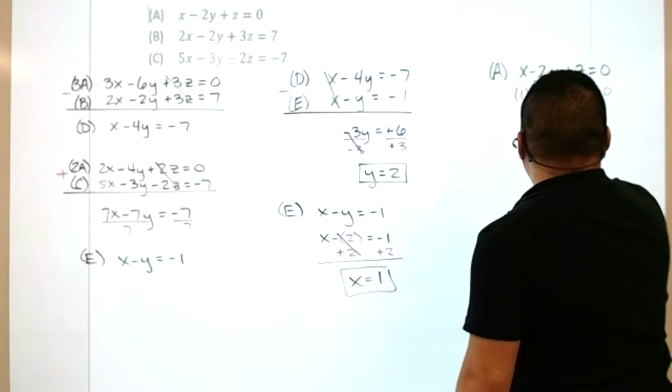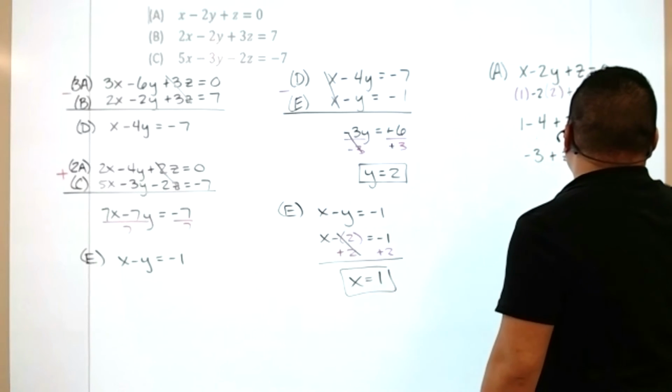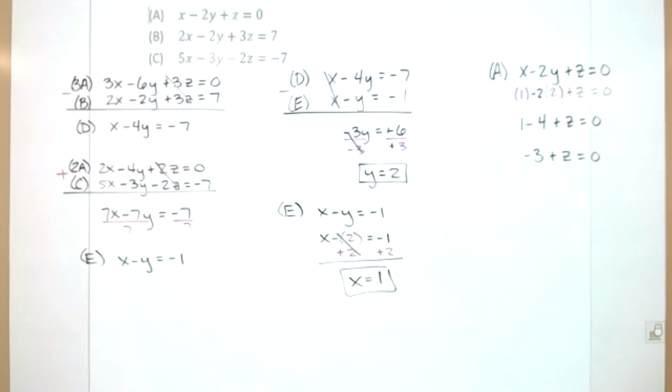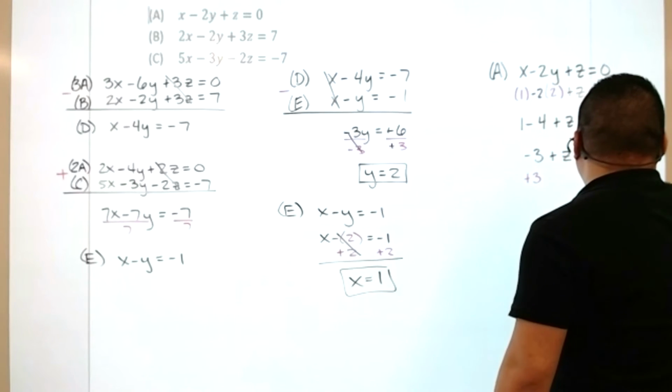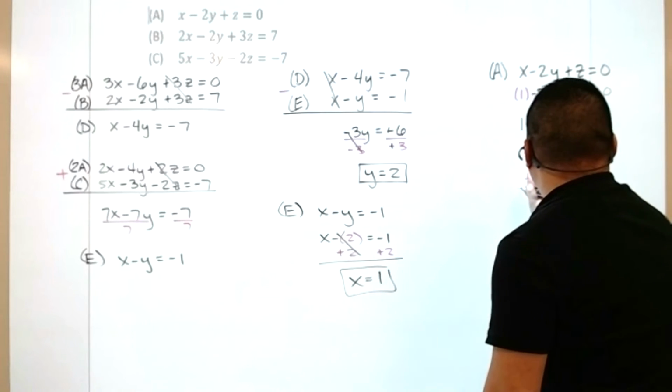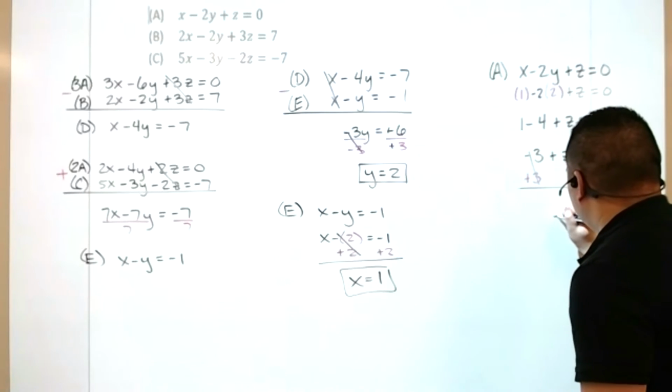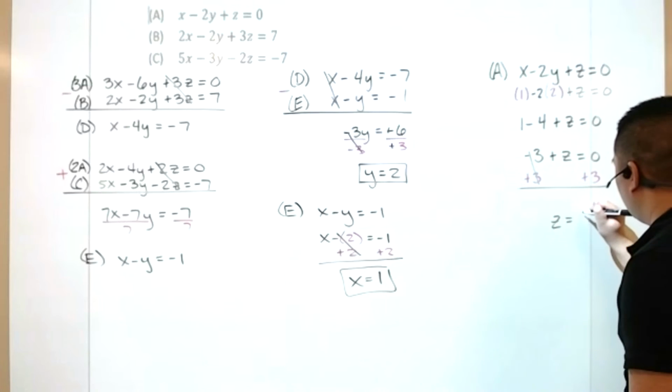Negative 3 plus z equals 0. Add 3 to both sides. Z equals 3.